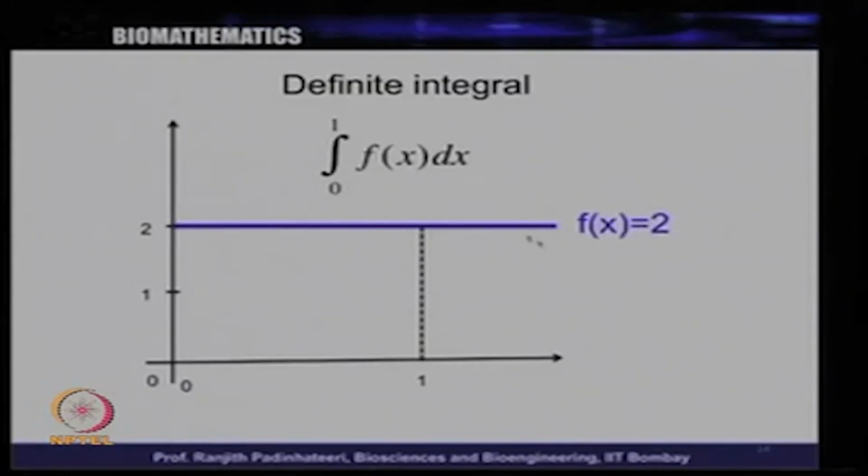Now, if we want to integrate this f of x in the limit 0 to 1, that is from here to here, what does this mean when somebody writes integral 0 to 1 f of x dx? This means the following.